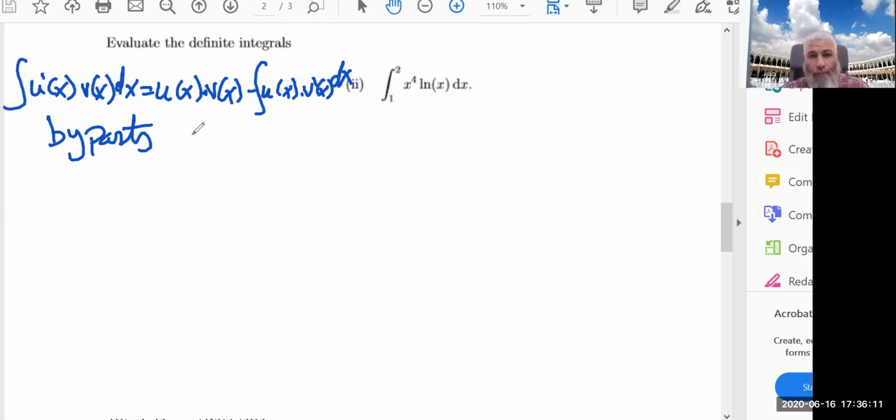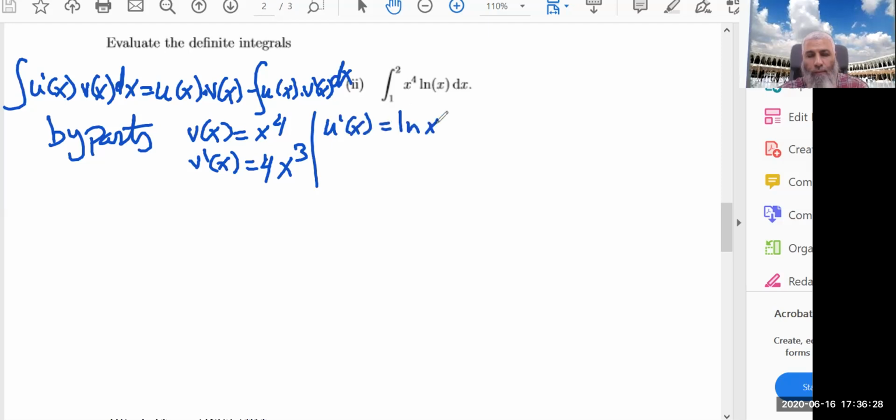So what is v of x? We said that v of x is x power 4. So v dash x is 4x power 3, and u dash x is ln x, and u of x is just 1 over x.